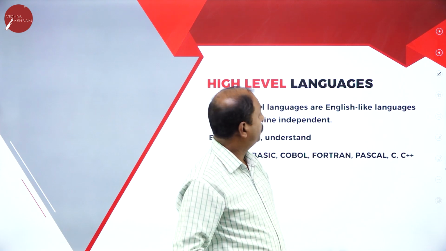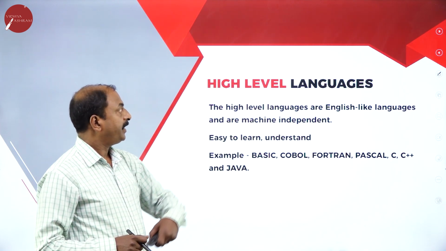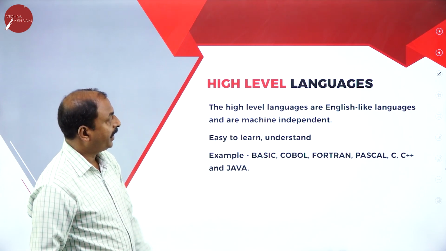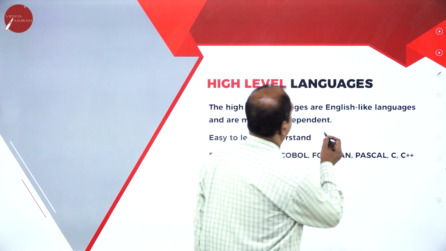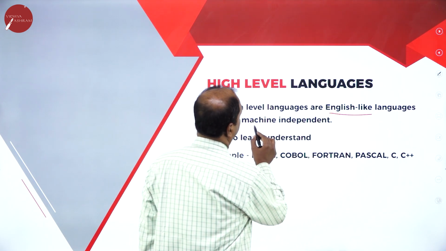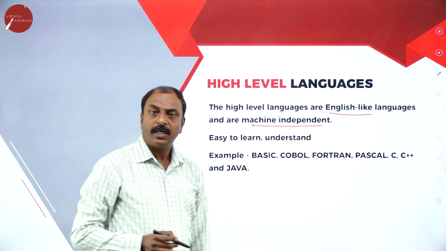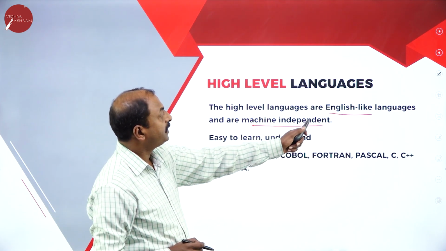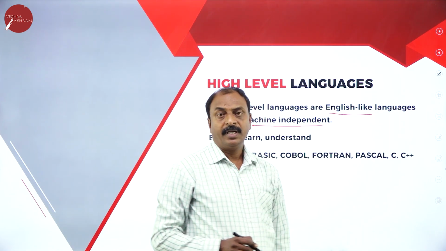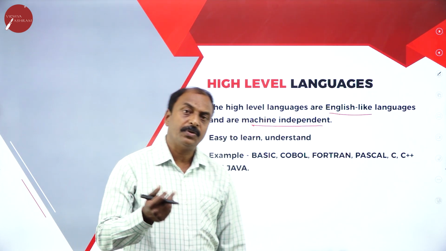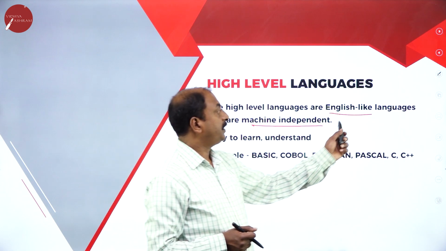Now let us move on to the next level of language, that is high level languages. So what is high level language? High level languages are English-like languages and are machine independent. The main advantage is that it is English-like language. It is not English language, it is similar to English language. So why do we say English-like?